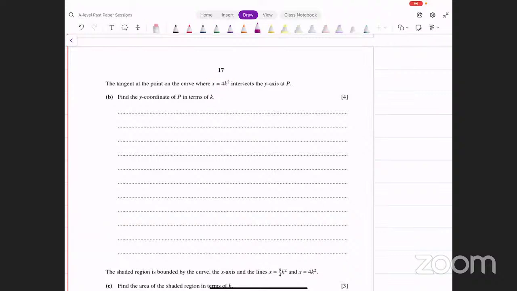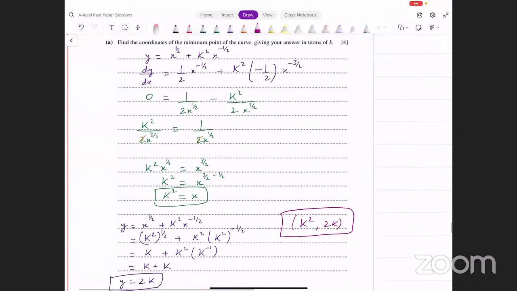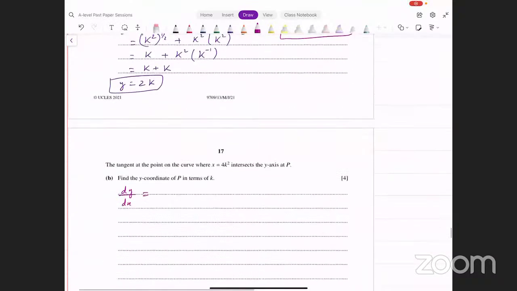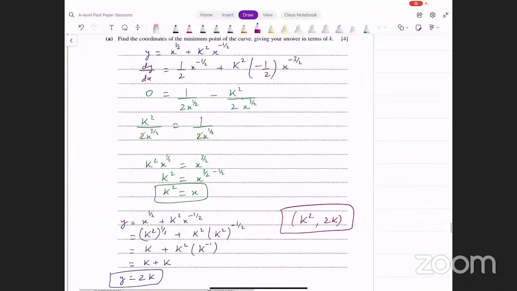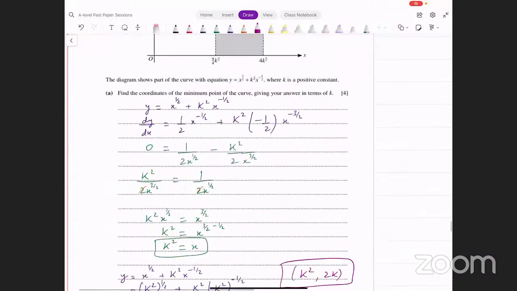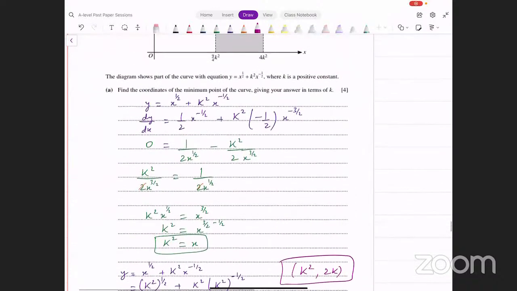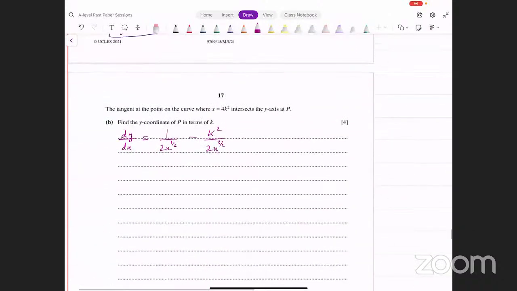Let's do it step by step. We already have the derivative from the first part, dy by dx we found there somewhere, I think, yeah, so we did. dy by dx was 1 over 2x raised to power 1/2 minus k square over 2x raised to power 3/2. यहाँ पे इनपुट क्या करना है, 4k स्क्वायर इनपुट करना है. ये हमारे पास डेरिवेटिव था जो हमने पहले फाइंड किया हुआ है.